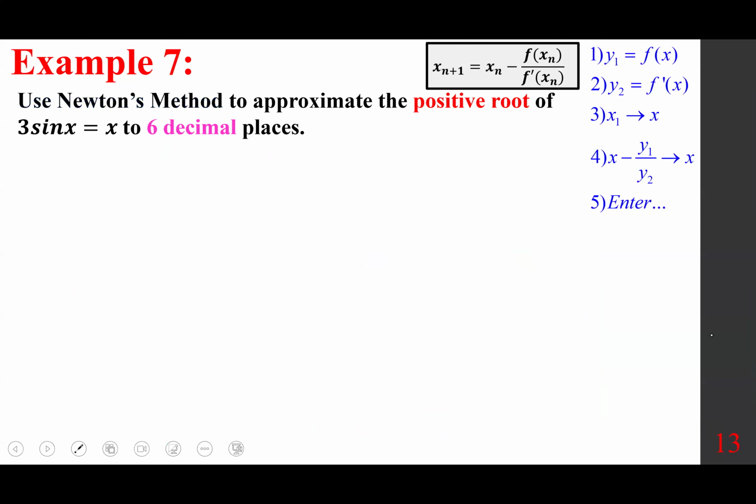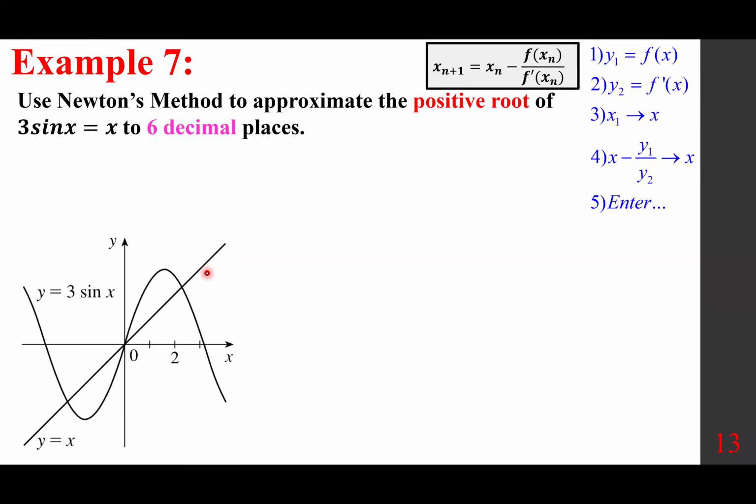Use Newton's method to approximate the positive root of this function, 3 sine x equals x, to 6 decimal places. First and foremost, we need to come up with the graph. One way to do that: y equals 3 sine x, we come up with the graph. And y equals x, we come up with the graph.